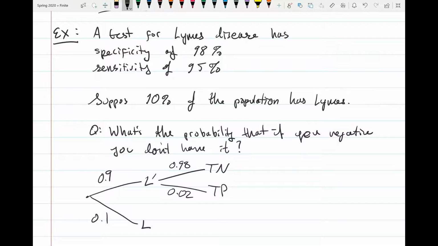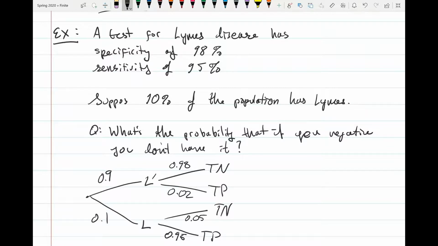And now, for our true positives that have Lyme's disease, we have a sensitivity of 95%. So 0.95 will test positive, and 0.05 will test negative.